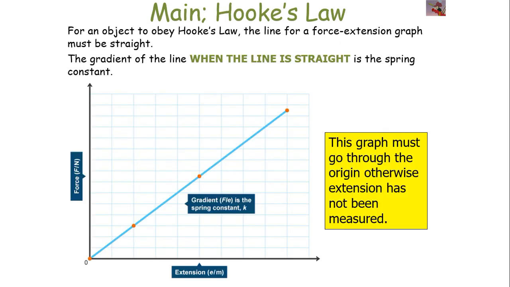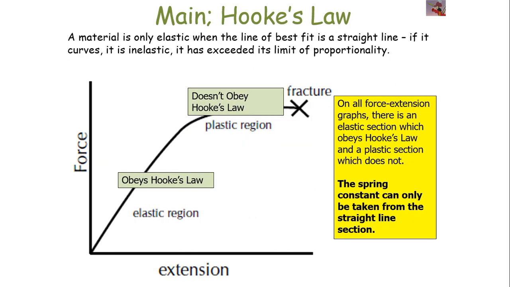So, just to clarify one last time, for an object that obeys Hooke's law, the line of the force extension graph is a straight line and it will go through the origin, unless length has been measured, not extension. Now, just to clarify, it will obey Hooke's law. It will be elastic when you get a straight line through the origin because it's directly proportional.